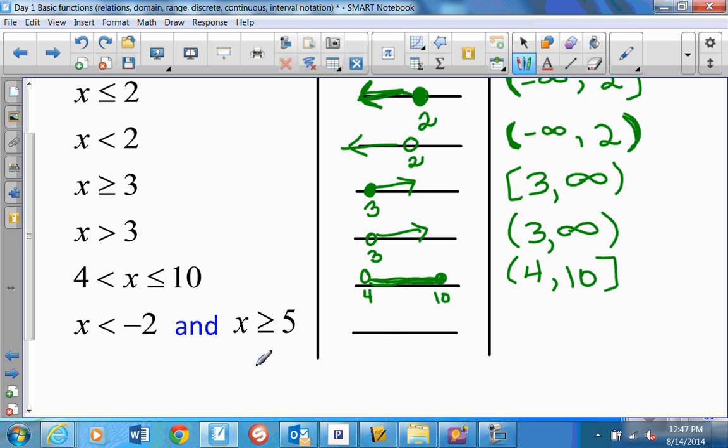Ooh, what about this? Less than -2 and greater than or equal to 5. Oh, I've got to write two different statements. So let's just describe this one first.